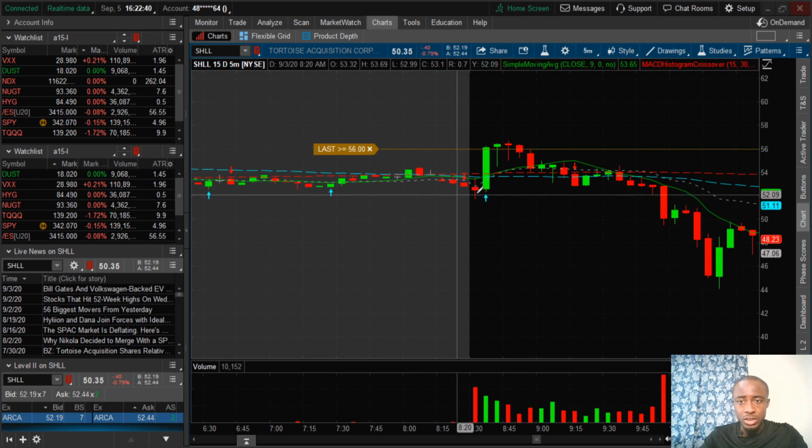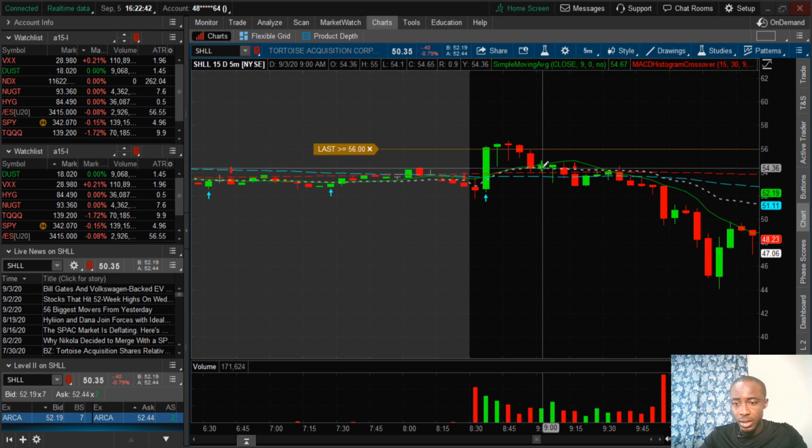And if you dive into the chart, 9:07 is right here, right in this hammer candle. And all I had to do at that moment was to pretty much let gravity take over. I caught the top of that move, and the only thing left was to watch the stock crumble.